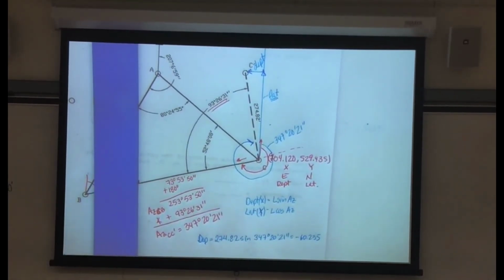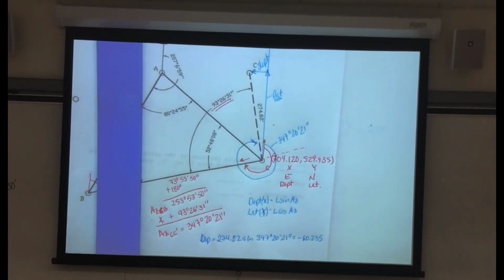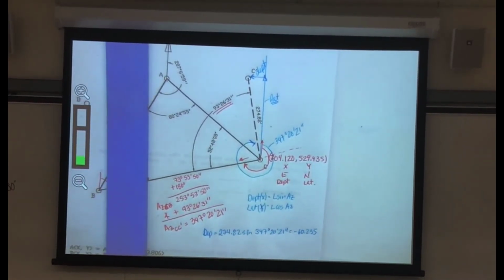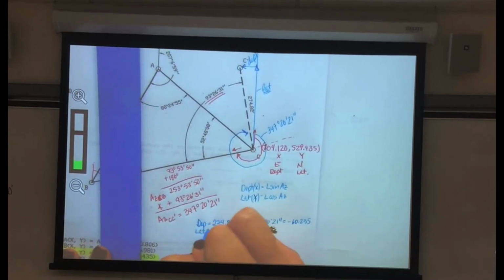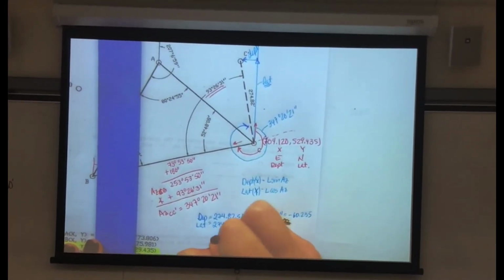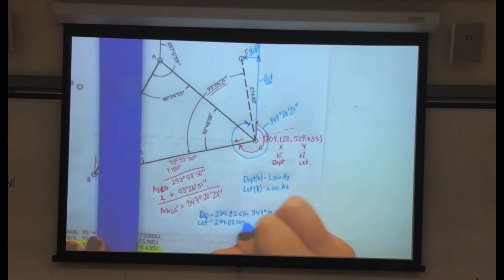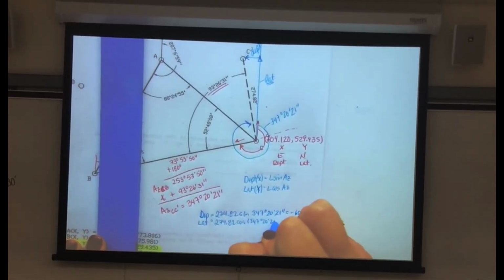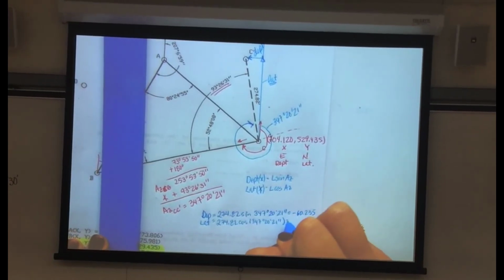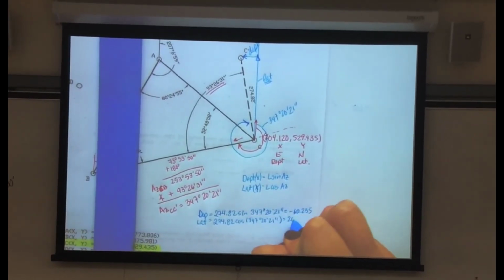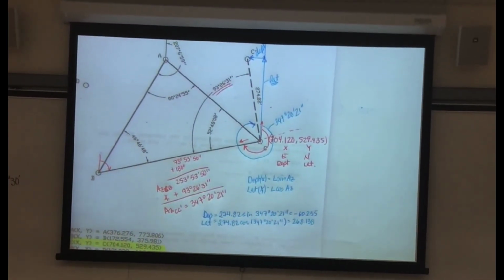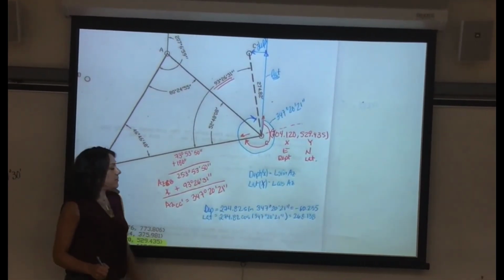The signs help us understand which direction we're moving. Now the latitude is equal to 274.82 times the cosine of 347 degrees, 20 minutes, 21 seconds, and that equals 268.138. That's positive, so I know I'm going north.